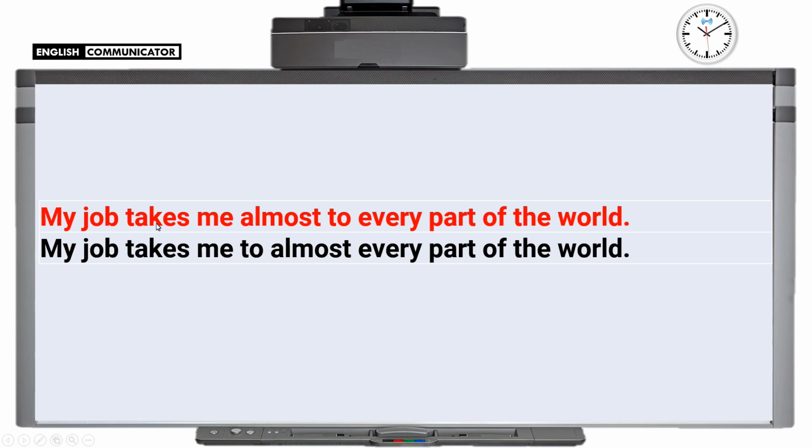You can't say my job takes me almost to every part, so you have to use my job takes me to. Takes me to. Okay? So you have to use the preposition in the right place, okay? My job takes me to almost every part of the world.